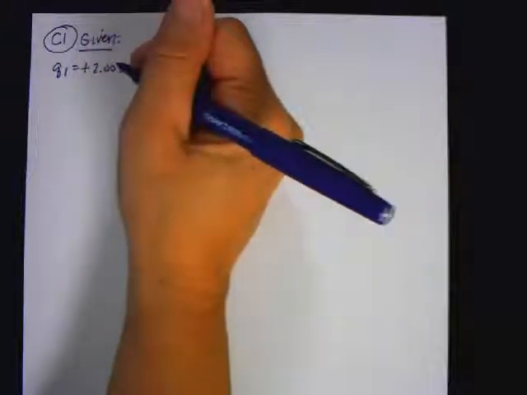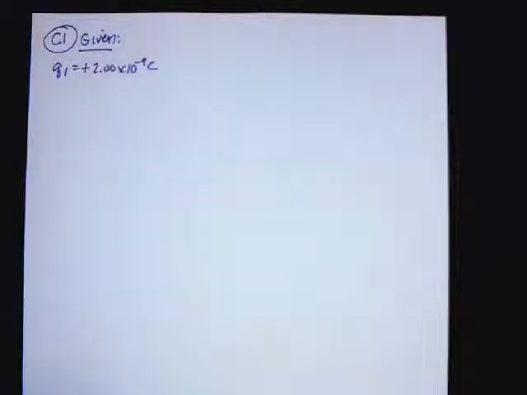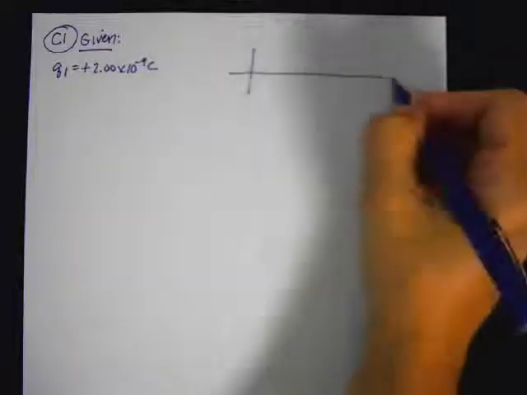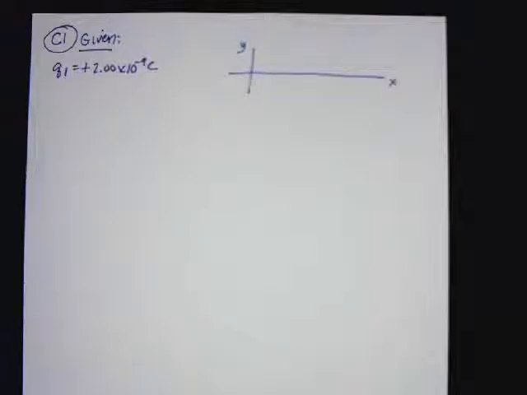Is placed at the origin. So now they're making reference to a graph. So that means I need to draw a picture. You cannot do this without drawing a picture. So here's my picture, X and Y, because when they say in the origin, they're referring to a graph.